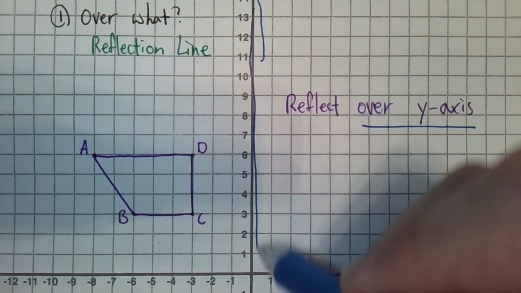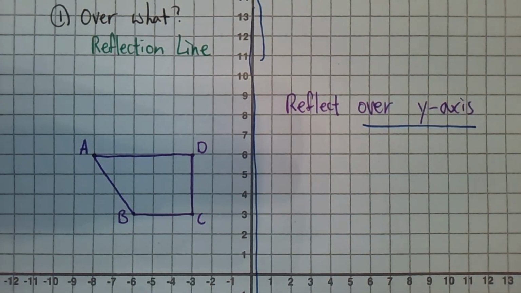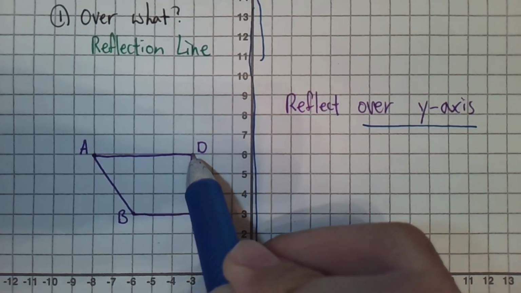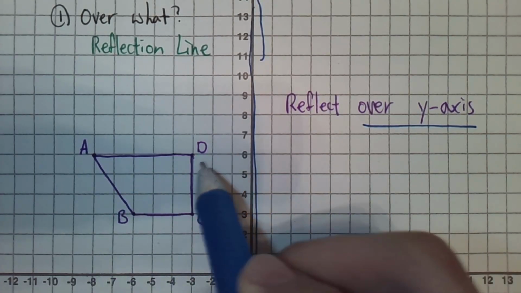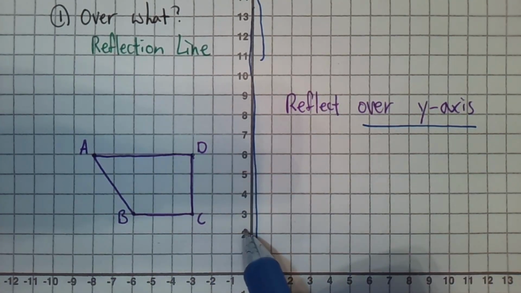Once you know where the reflection line is, performing reflection is very simple. I just told you that if you're looking at the mirror 5 steps away, then inside the mirror, the image is also 5 steps away, right? So we simply need to count how far each of these vertices is from the mirror, the reflection line.